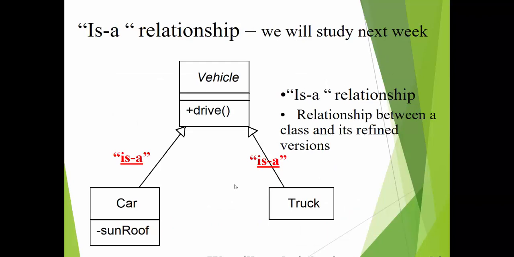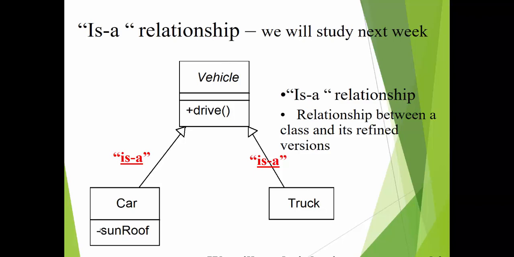So that's pretty much what we briefly covered today for composition and aggregation. We're going to study the is-a relationship next week, and I would like to give you some kind of introduction. So what is the difference between has-a and is-a? So let's say a vehicle, car, and truck can be considered as an is-a relationship.